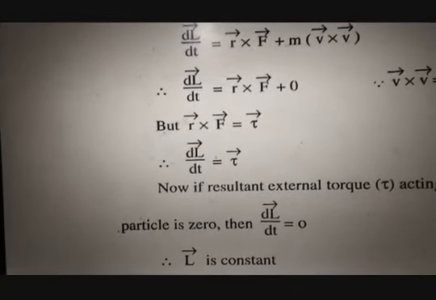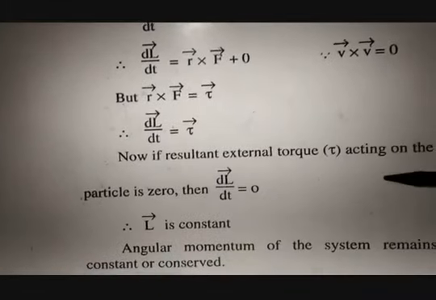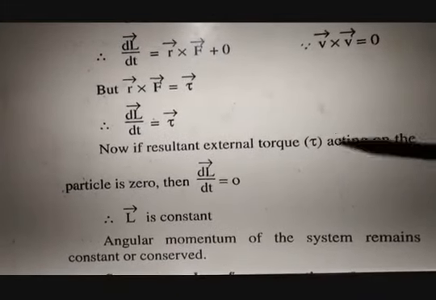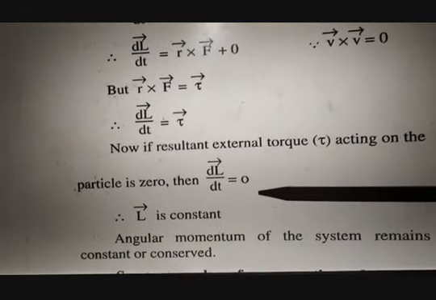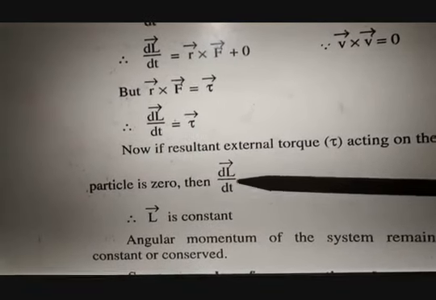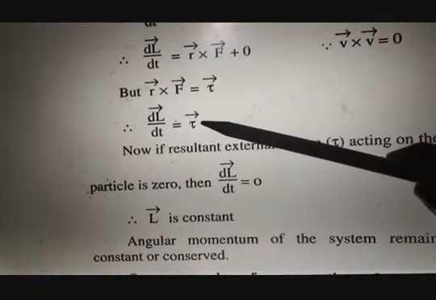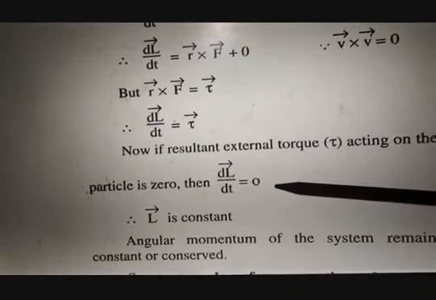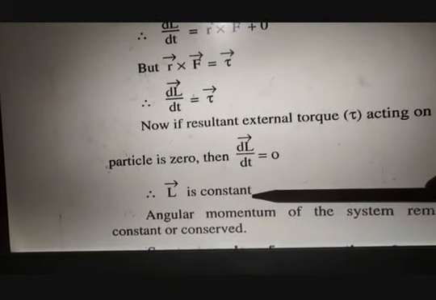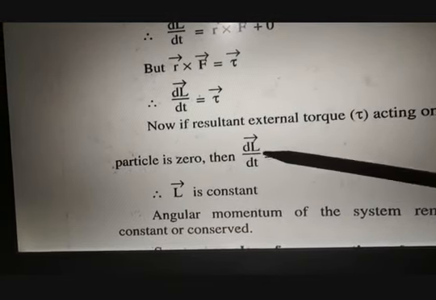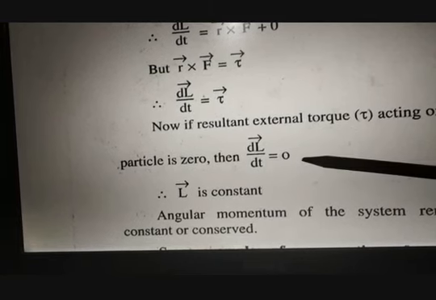Now consider one case: if the resultant torque acting on the particle becomes 0. Then tau becomes 0, which means dL by dt becomes 0. That means L will become constant. How can you write that L is constant? Because dL by dt is the derivative of L, and the derivative of L is 0.